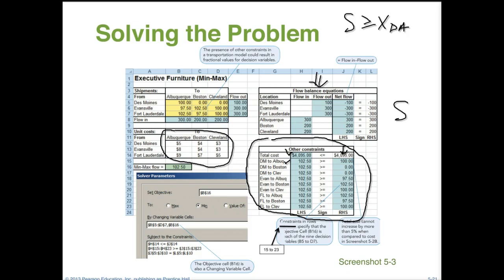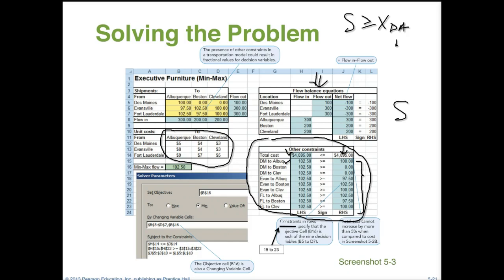And so this is your left-hand side, which is what S is, this is your right-hand side here, which is what you're actually tracking. Okay? And so if you notice, all these values here are values that are less than the 102.5. Okay?